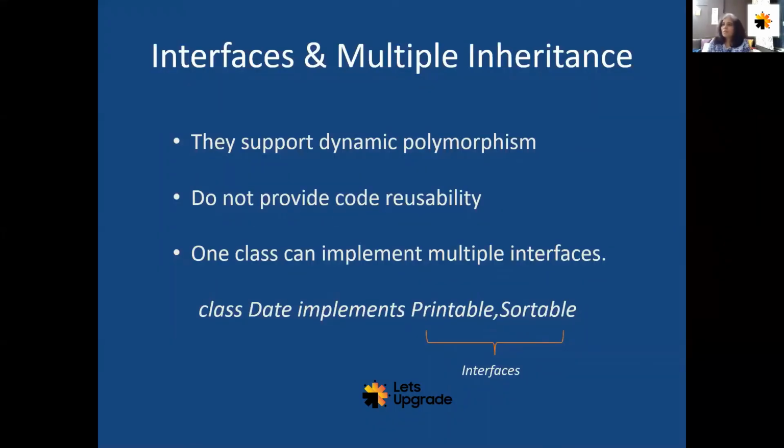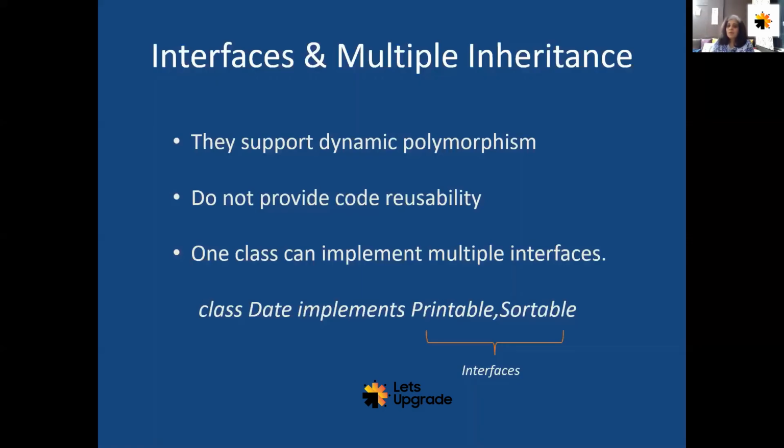Achieve multiple inheritance through interfaces, but it is limited to achieving dynamic polymorphism, and there is no code reusability. Why? We already saw that interfaces can contain only abstract methods. There is no method implementation, there is no code. So there cannot be any code reusability when we are using interfaces.